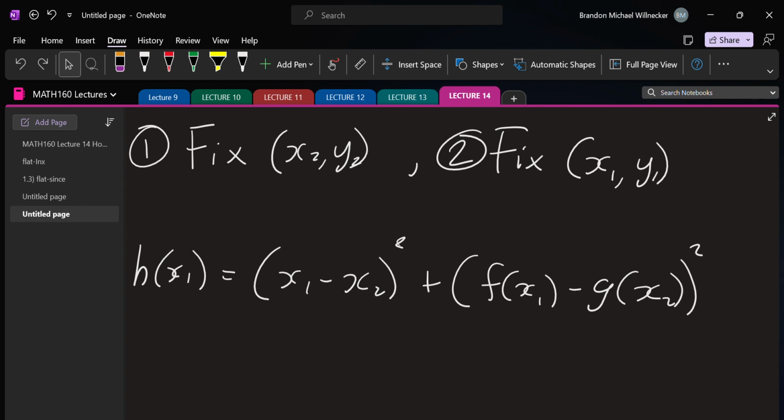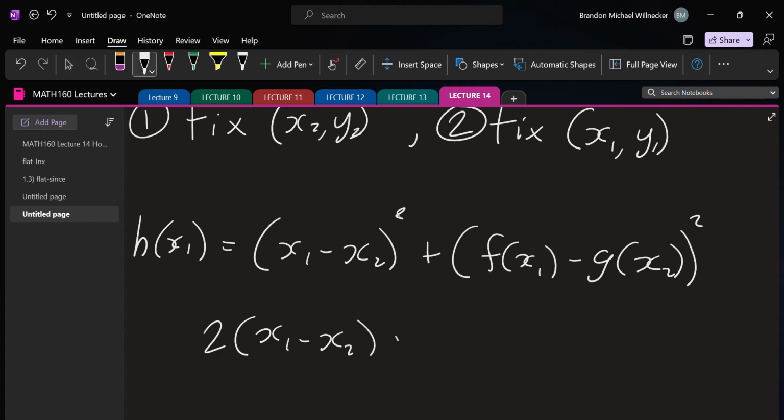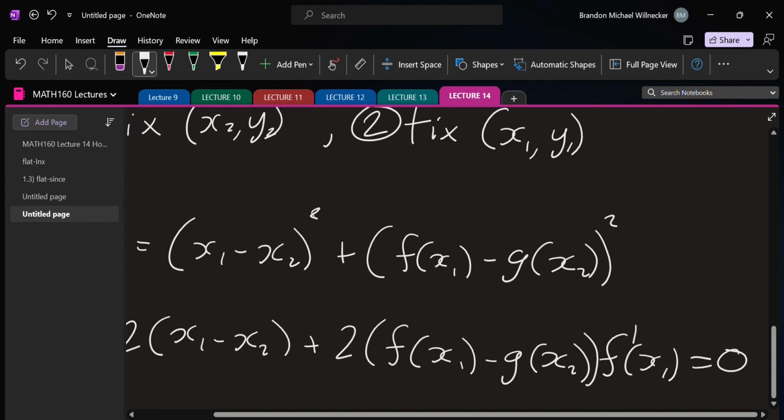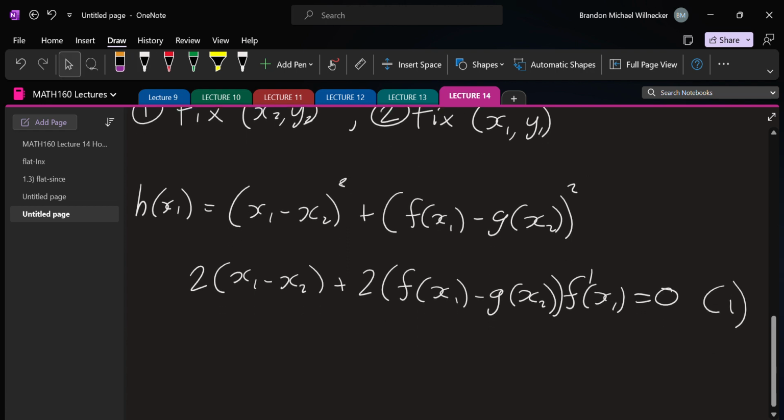Why? Because we want to minimize. Take the derivative, set to 0. So we're going to get 2 times x1 minus x2 plus 2 times f of x1 minus g of x2 times f prime of x1 equals 0. Let's call this equation 1.